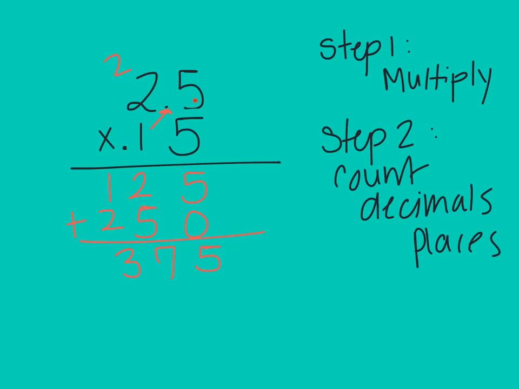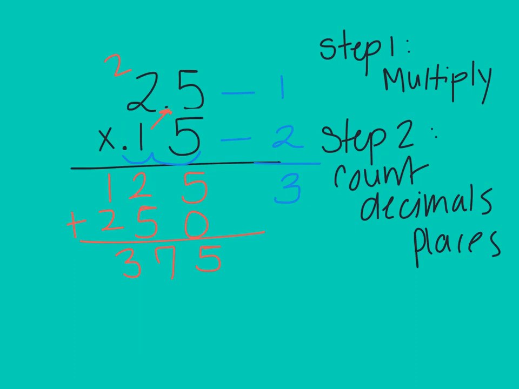So this number has one decimal place. So I'm just going to make a note of that this is 1. This number has 2 behind the decimal point. So since I'm multiplying, that means my answer needs to have 3 numbers or digits behind the decimal point.